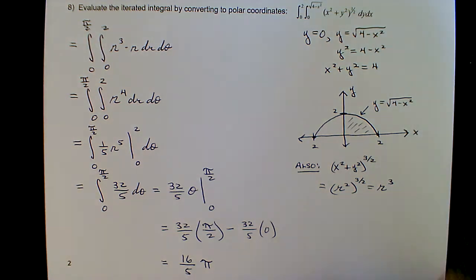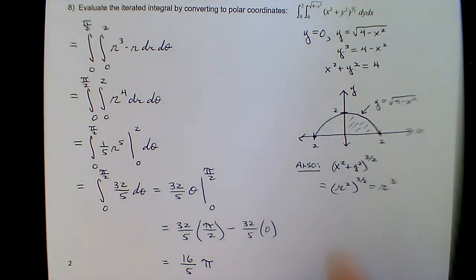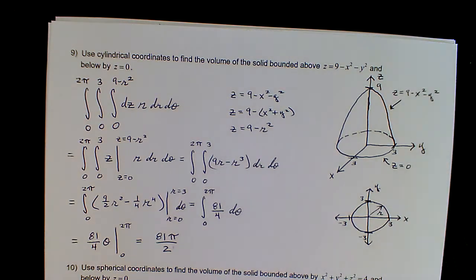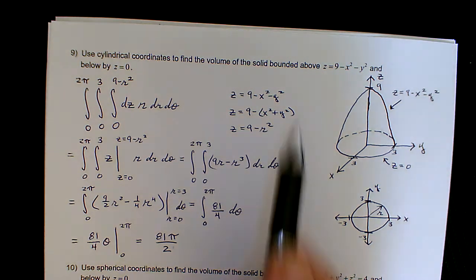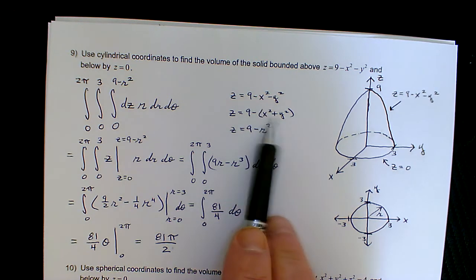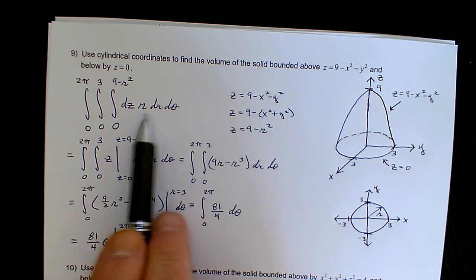And again, pause this video as needed to be able to check your solutions. For question 9 on part 1, cylindrical coordinates. Pretty much the same as the last example. You just need the r squared is x squared plus y squared again, and the r dr d theta.